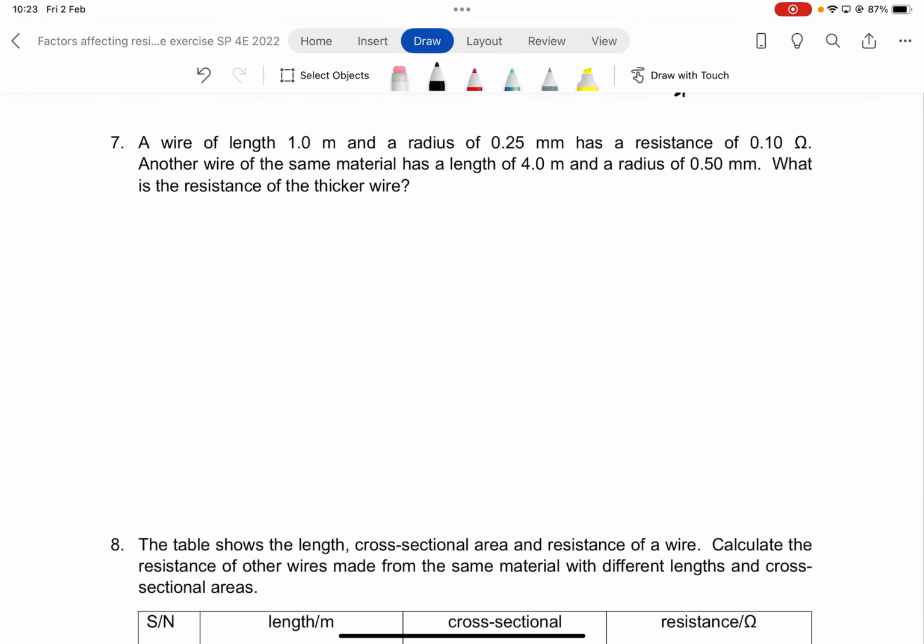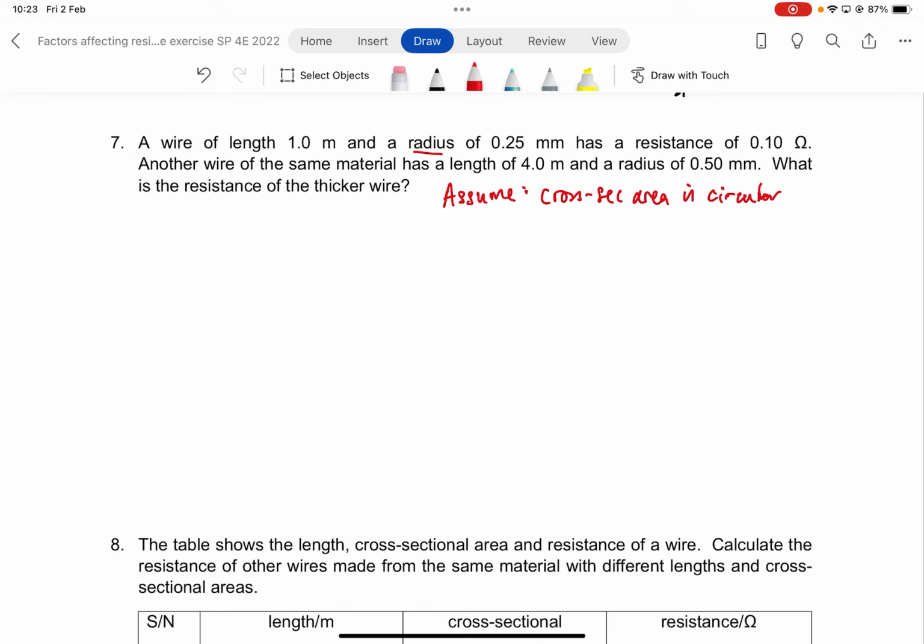Number 7. Okay, this one is a bit more tricky because radius is involved. We are assuming that the cross-sectional area is circular, to be able to do this question.